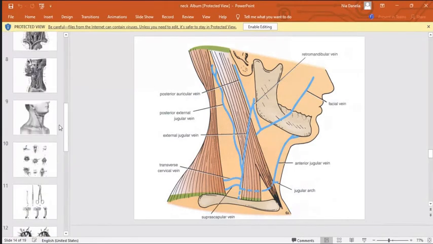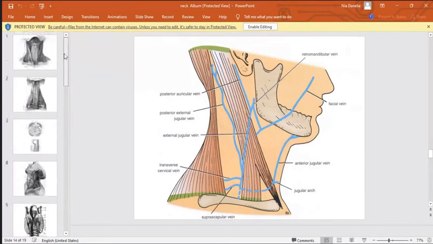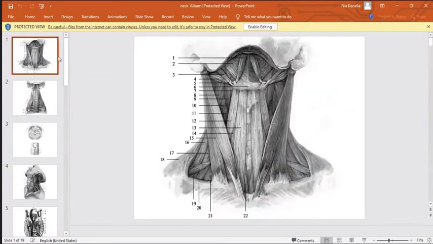Main vessels and the nerves of the lateral triangle, we have told, is located in supraclavicular triangle. Let's remember where is located lateral triangle. This is lateral triangle, which is bounded anteriorly by posterior border of sternocleidomastoideus muscle.